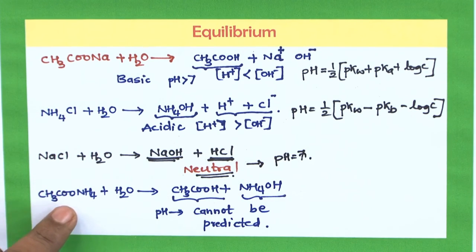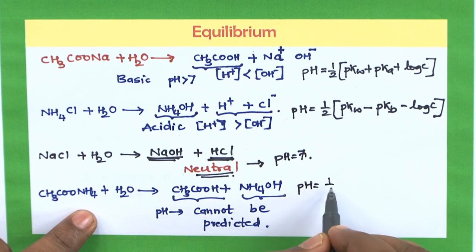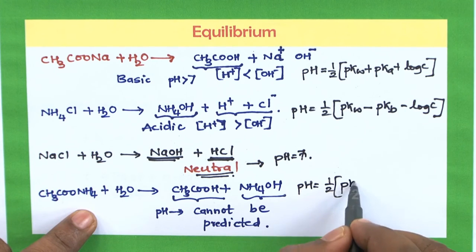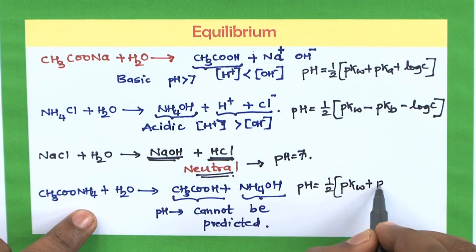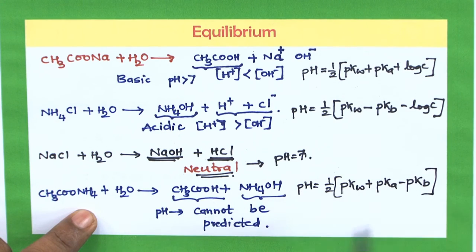For a salt of a weak acid and a weak base, pH equals half of pKw plus pKa minus pKb. So, these are the formulas to calculate the pH of salt solutions after they undergo hydrolysis.